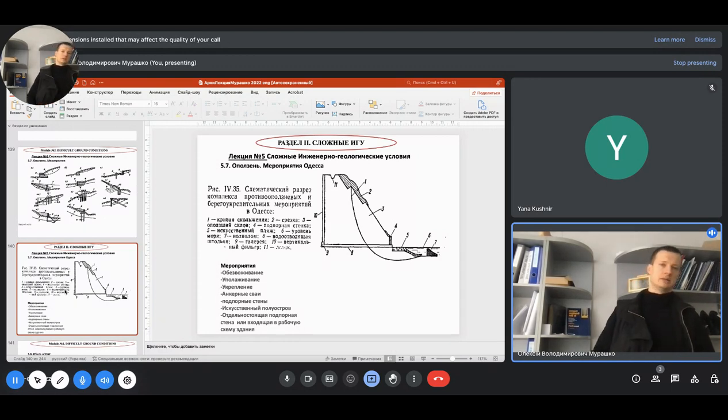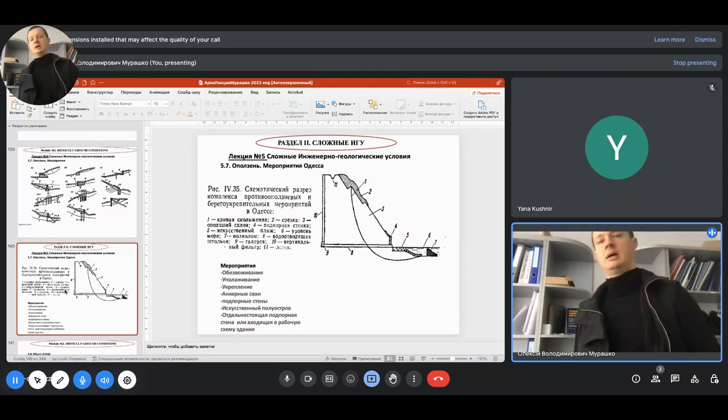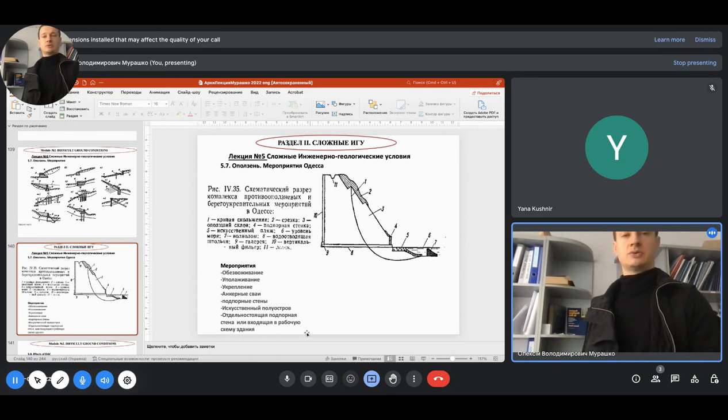And a special picture for the Odessa landslides. In Odessa, as we talked previously, we have to struggle with a combo of problems, and here is the solution. First of all, to protect our landslide from the impact of water, we have to use a tray like this.